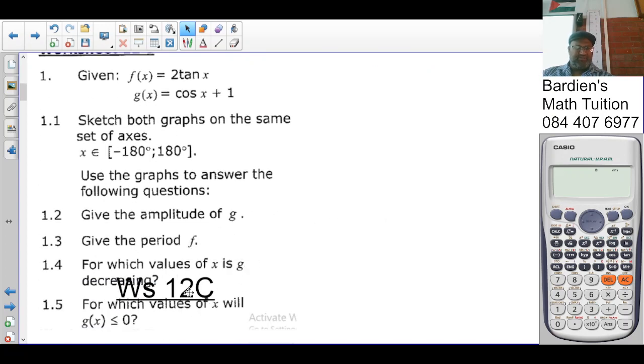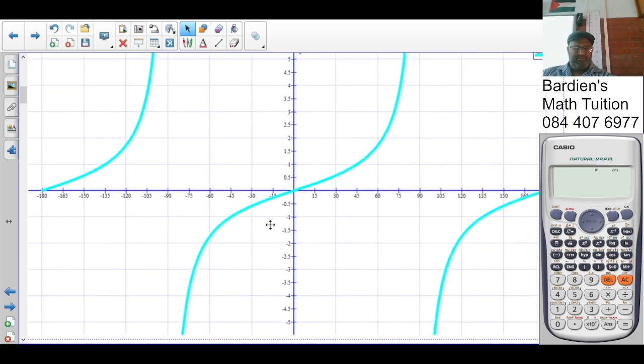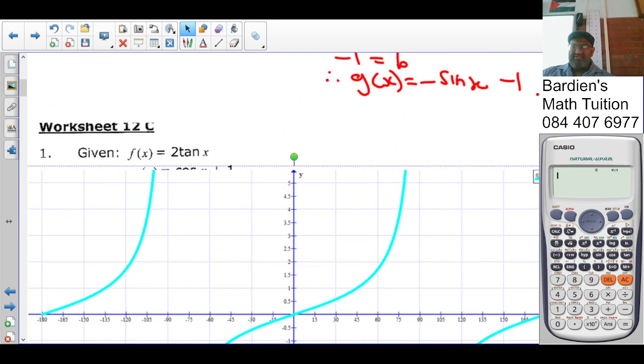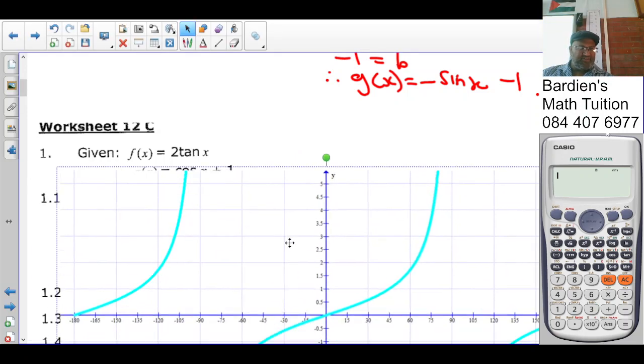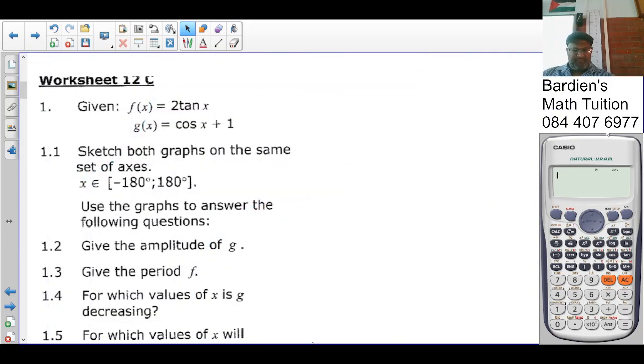What is the tan graph that I asked you to draw there? 210. So that's not going to work for us because that is the tan of x graph, so I'll delete that.